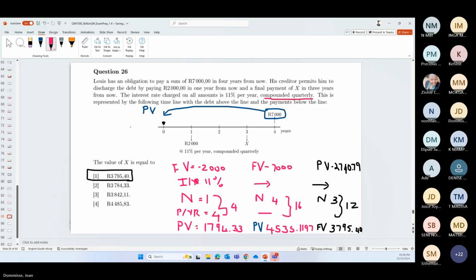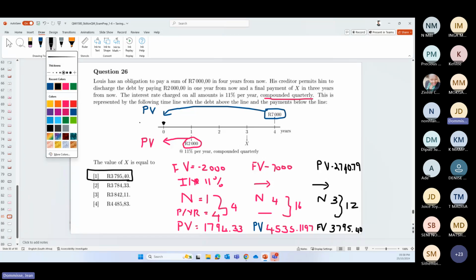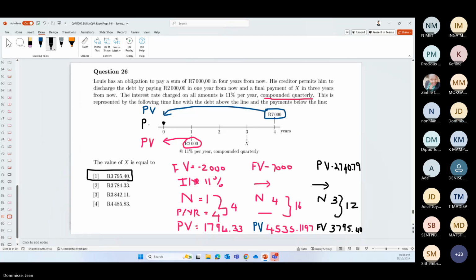Then the next step is they give us the 2000. So move that back also to what the present value is. And then what is left, we have as a present value, that was the minus 2740 that we need to then project into the future to work out a future value over 3 years.